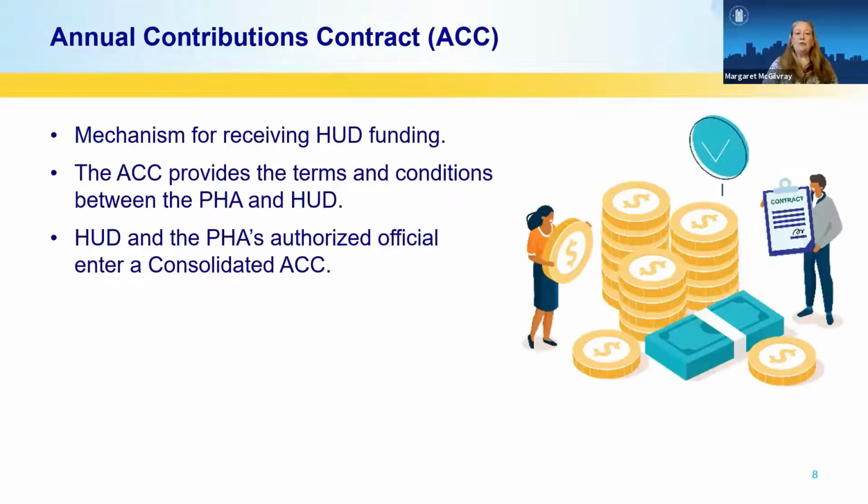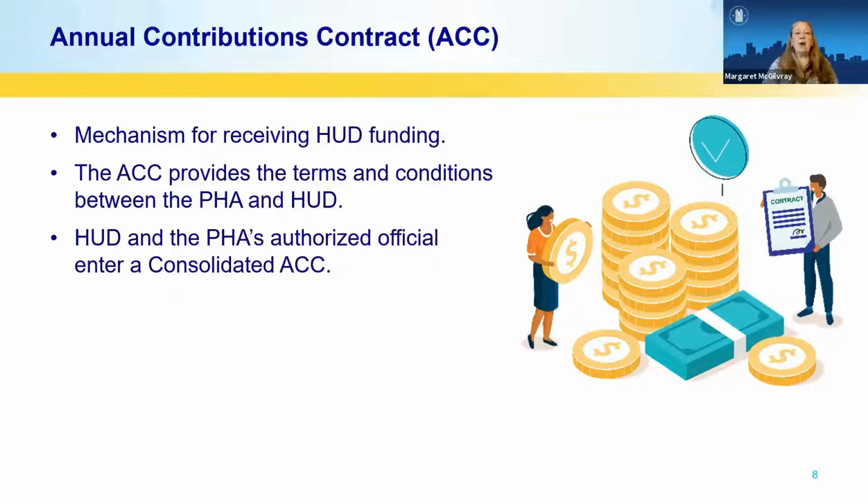So let's talk about a few other elements in more detail, such as the annual contributions contract. I referred to this before. The annual contributions contract is, just as it's described, a contract between the Housing Authority and HUD, and it essentially establishes the line for receiving your money.